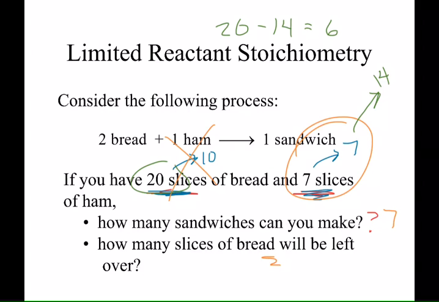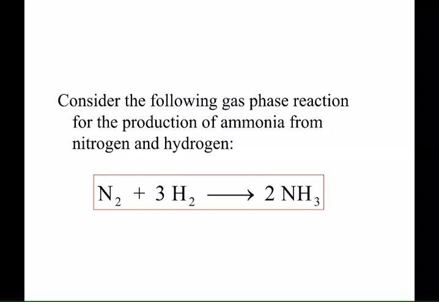Do you see how that works? To me, the number of sandwiches we made, the amount of bread we used, and the bread we have left over all had to do with the amount that was in limited supply, which was the ham. That was your special reactant.